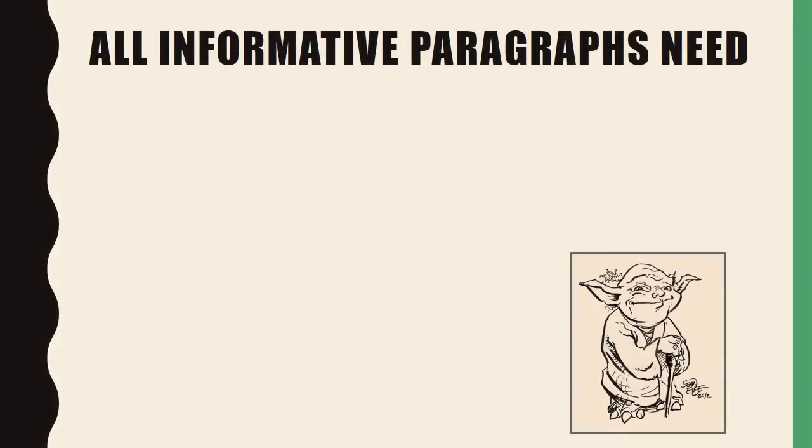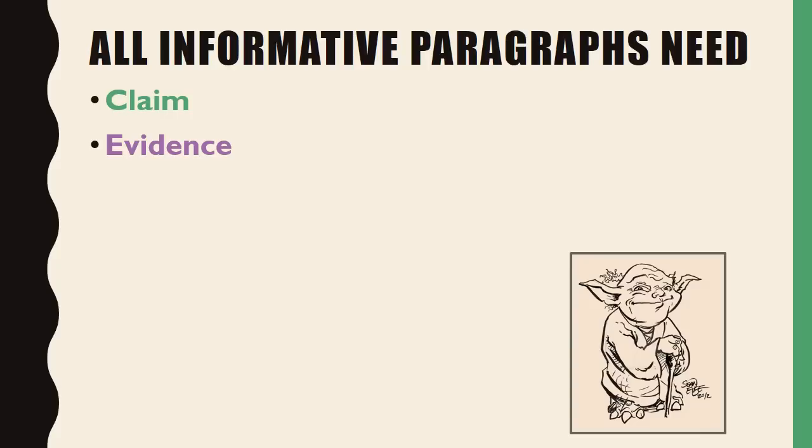So the basic formula is just including these 4 parts, and all informative paragraphs need these 4 parts. The first part is the first C, which is the claim. Every paragraph should have some kind of claim. The second part is the evidence. All paragraphs need at least one piece of evidence.